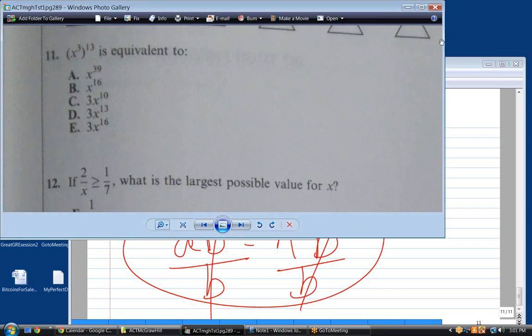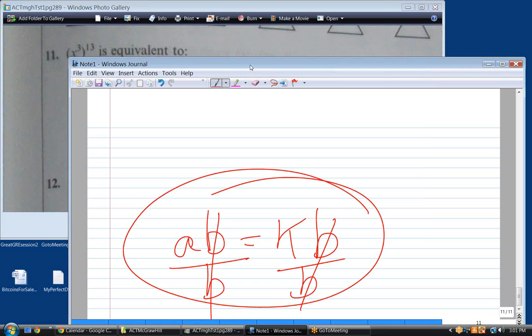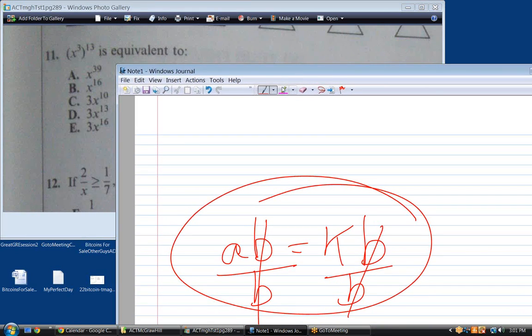All right, how about this? How do I solve that? Don't you just add the two? Well, no. In other words, if it was x to the third times x to the 13th, then yes, because I'm doing multiplication, I'm going to do addition.